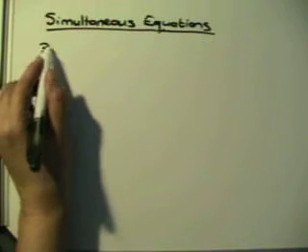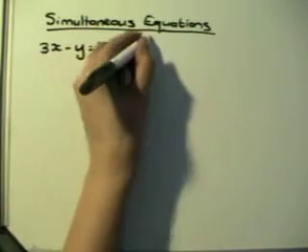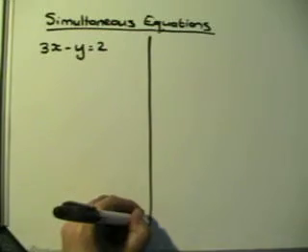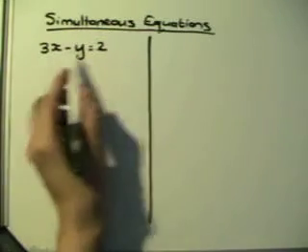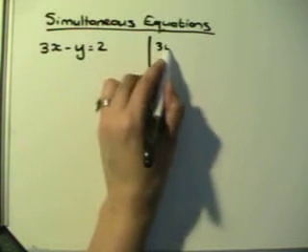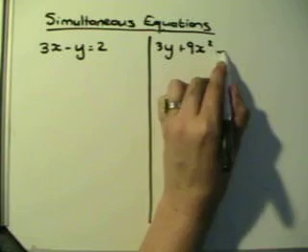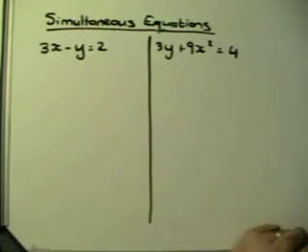Right, so let's look at 3x minus y is equal to 2. Now you'll see this will be a bit more difficult, because my y is not alone already, and 3y plus 9x squared is equal to 4.